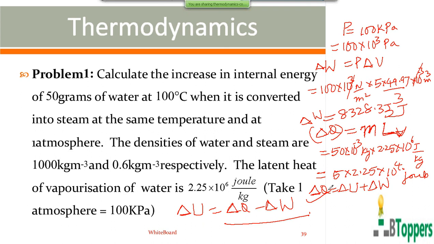Therefore, here internal energy not only depends on the mass, but also depends on the pressure and change in volume for a solid or liquid. So please take a pause and complete the simplification part, calculation part yourself.